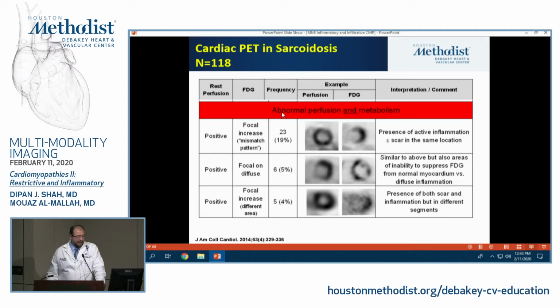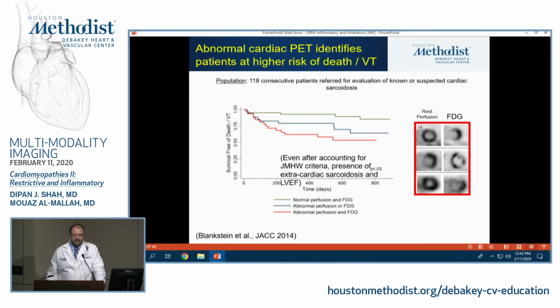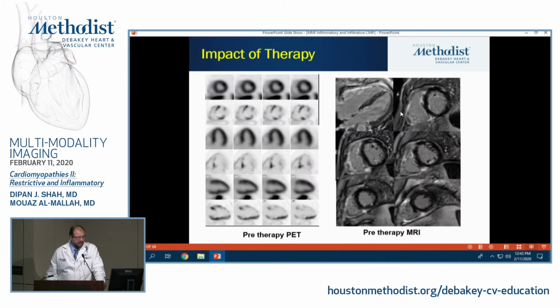And the positive patterns I've already shown you, the most important one is the mirror image one, where there is a perfusion defect, and now you fill it up with FDG. It has prognostic value, as you've seen with MRI. The more FDG uptake you see, the worse the outcome for these patients. And now we can follow it up for therapy by PET and potentially MRI.